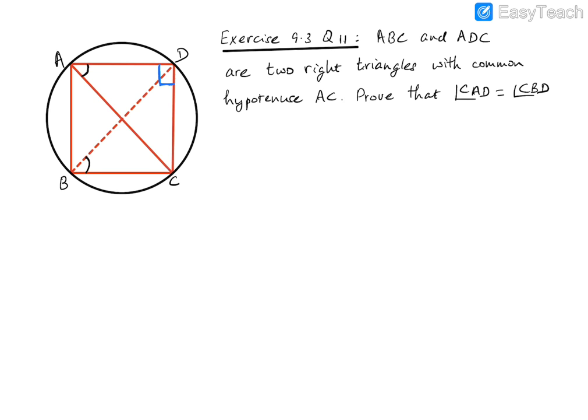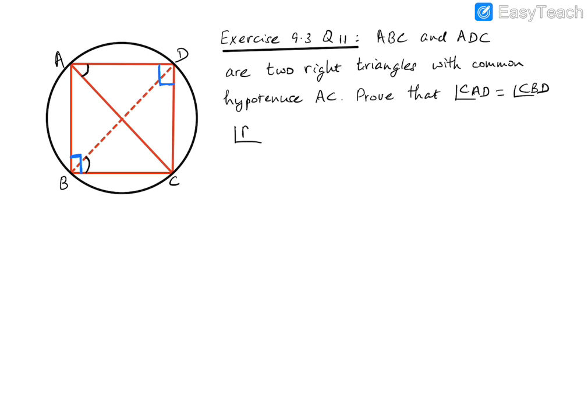We know AC is the hypotenuse, so the angle opposite to the hypotenuse will be the right angle of that right triangle. Similarly, for the triangle ABC, AC is the hypotenuse, and the angle opposite to it, the angle ABC, is also going to be 90 degrees.